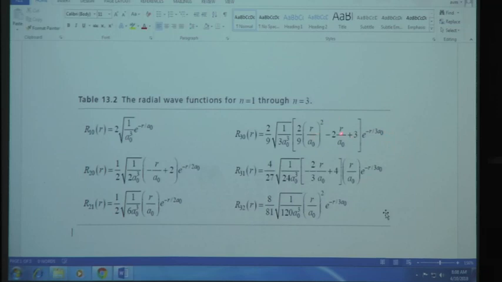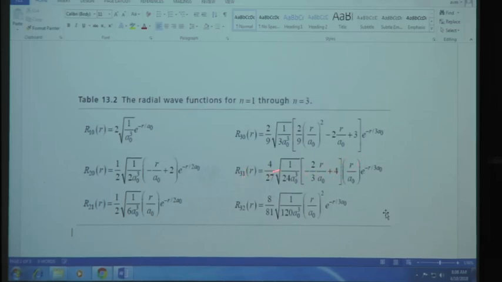But each exponential factor is being multiplied by a term inside these parentheses or square brackets. This is a polynomial function of r. It varies as r squared. This also varies as r squared because this r is being multiplied with an r.